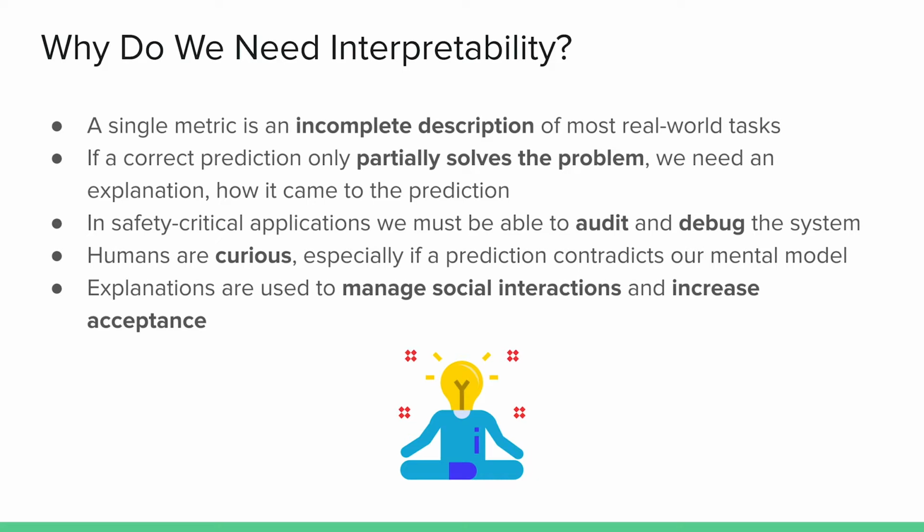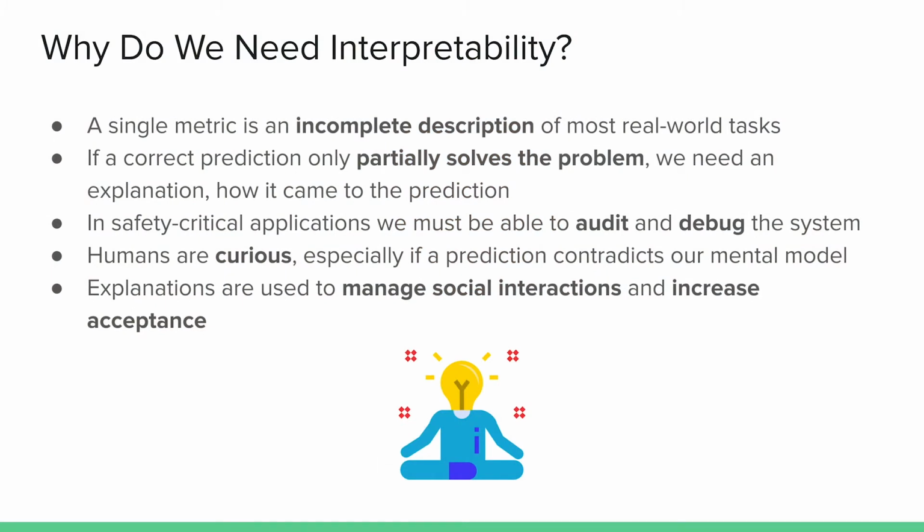It might be an incomplete description of most real-world cases and most real-world tasks that we are training our models to operate on. So the average performance, average precision, for example, for object detection is a good summary, but it doesn't capture all of the details. It doesn't capture how it took certain features into account to perform certain tasks, or it doesn't tell us whether it's working better for big and worse for small objects or the like.